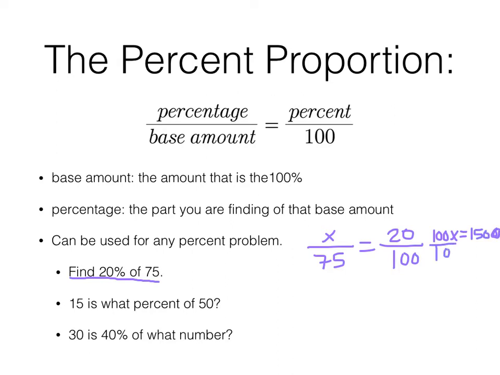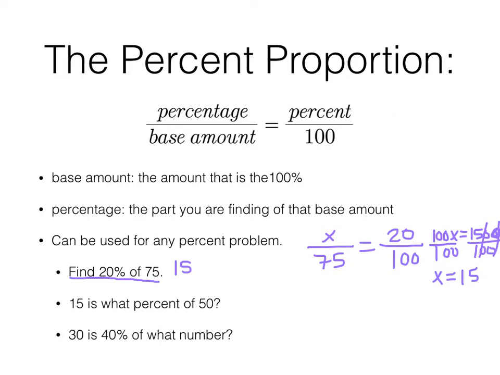When we divide by 100, that's actually really easy to do here. It just cancels out 2 zeros. We get 15. So what is 20% of 75? The answer to that question is the number 15. Now, our answer is not a percent, so we're not finding a percent. We found this percentage out of the whole thing, the base amount, the 75. So what is 20% of 75? It's 15.